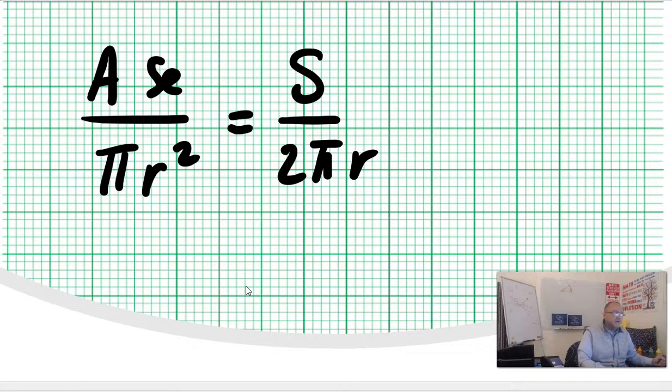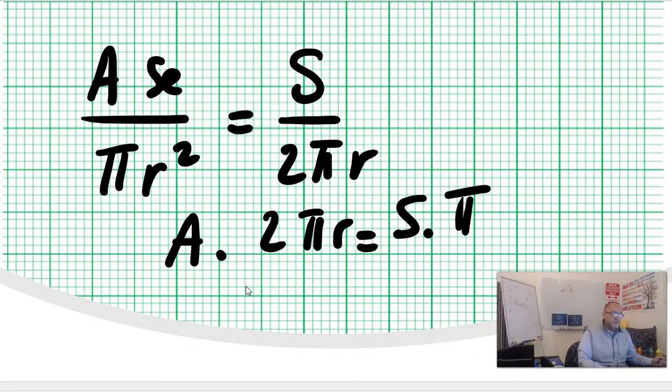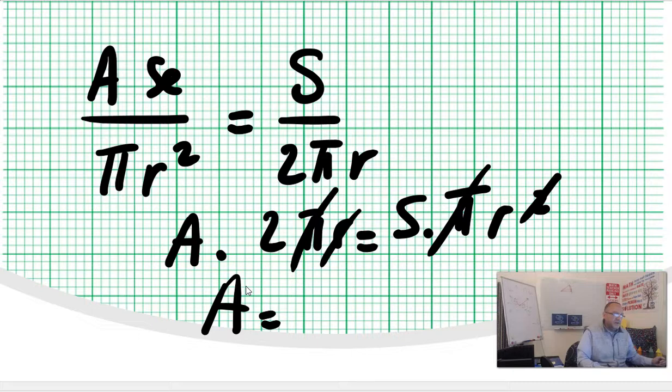And all I need to do is cross multiply. So the area, what I need to find out, times 2 pi r equals S times pi r squared. Eliminate, get rid of the square, and A equals what? 1 divided by 2 times S times r. There's no pi in it. There you go, and there you have it.